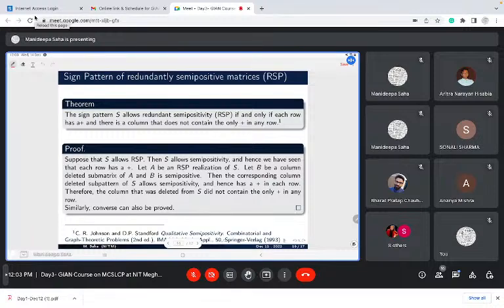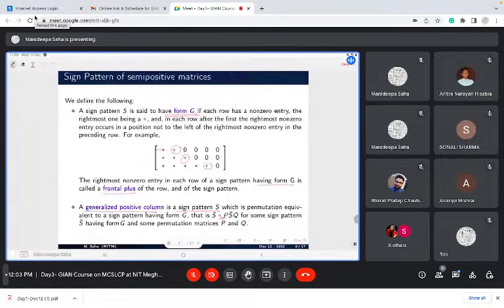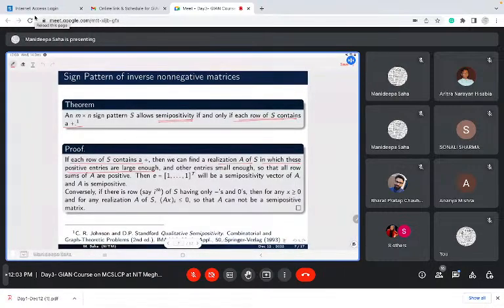So the first one says that the sign pattern allows a redundant semi-positivity, I'm writing it in short form, RSP, if and only if each row has a positive entry. If you go back to the semi-positive matrices, this theorem says it allows semi-positivity if each row contains a positive.